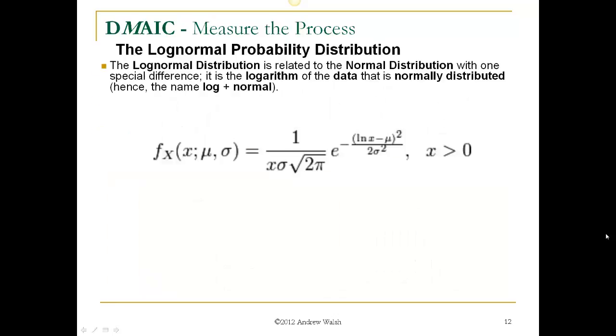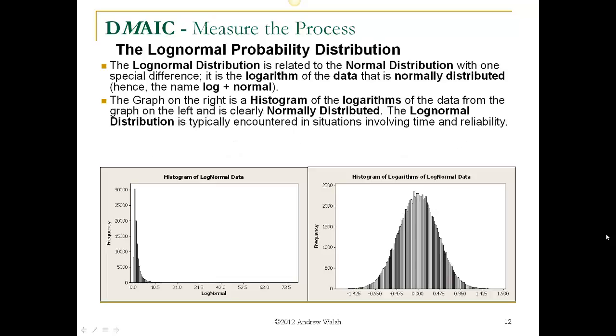The log-normal distribution is related to the normal distribution. One special difference, it's the logarithm of the data that is normally distributed. And that's where the name comes from, log-normal. So on the left, we see a histogram of log-normal data, but on the right, the logarithms have been taken and plotted, and sure enough, they look like normally distributed data.